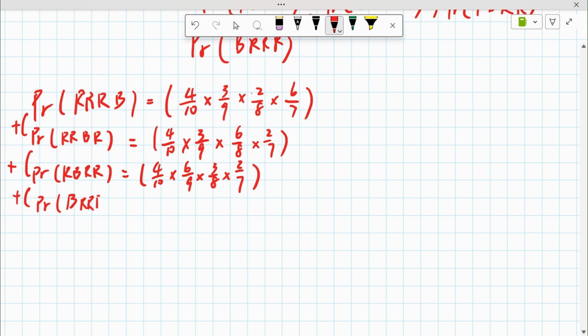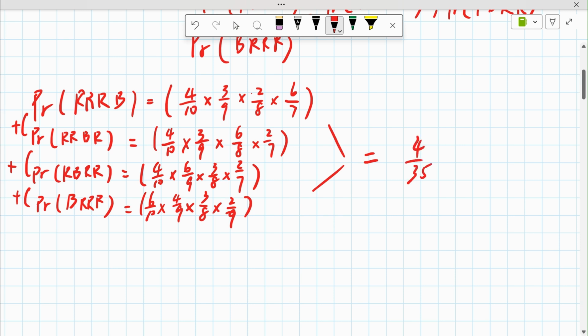That will be 6/10 multiplied by 4/9 multiplied by 3/8 multiplied by 2/7. And that equals 4 over 35.